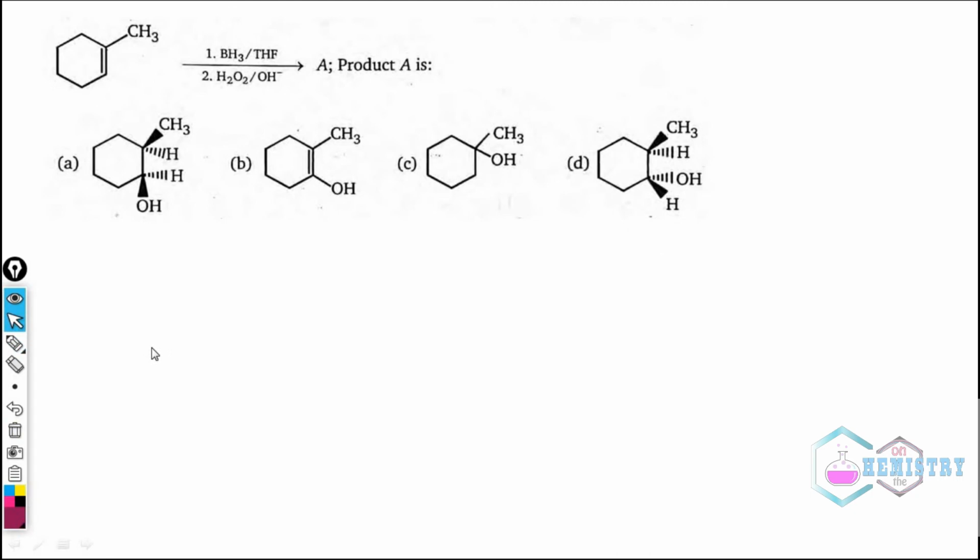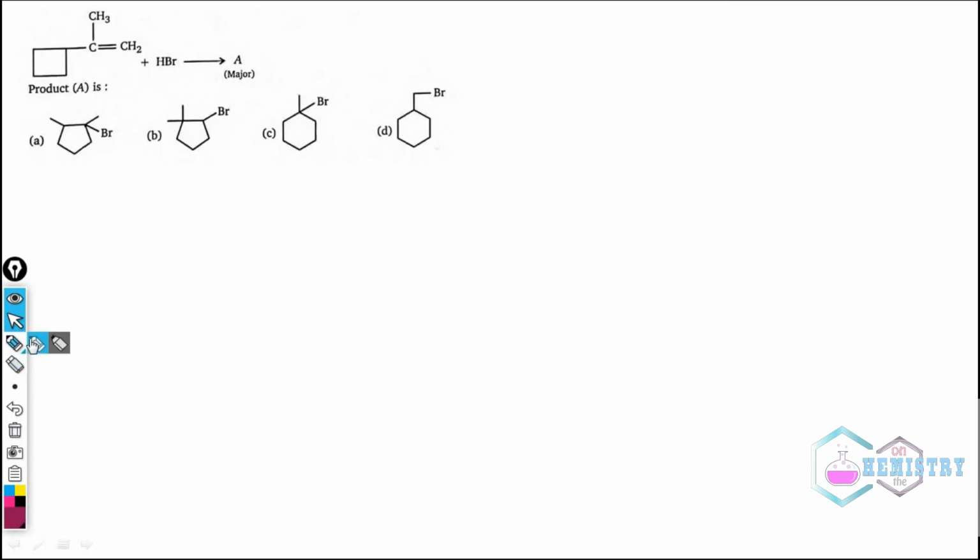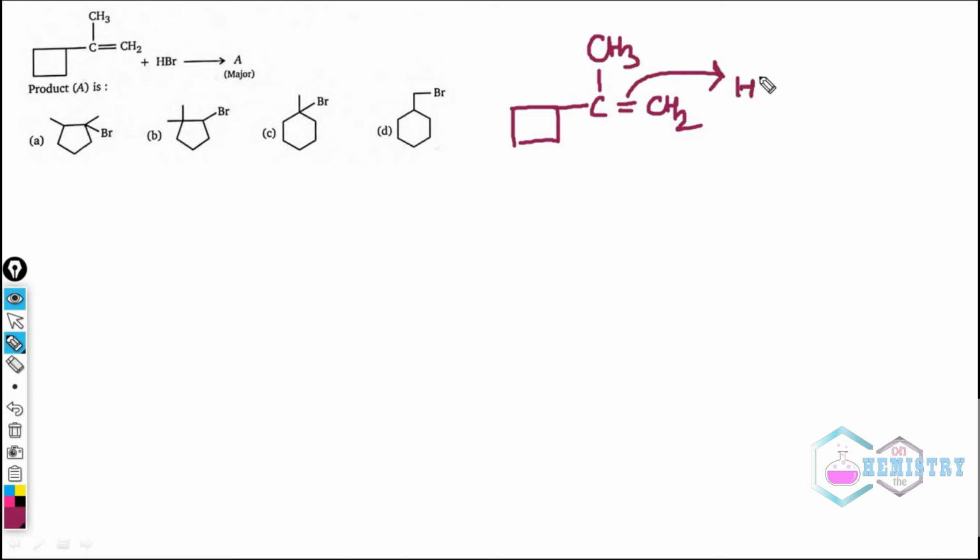Now the next problem is also an example of ring expansion. What happens basically? It's a very simple reaction. Like if this is the ring, this C double bond CH2 CH3. Now this bond attacks the H plus.